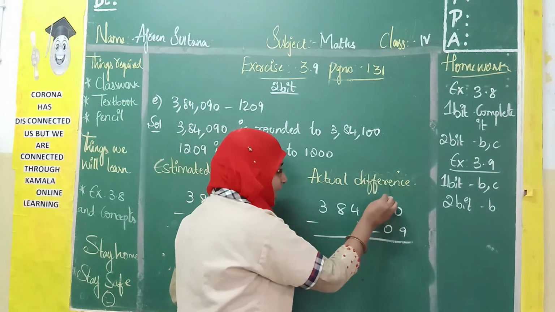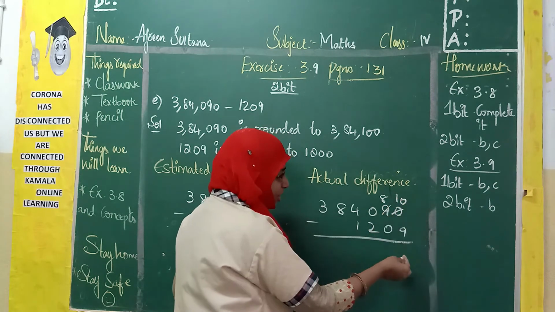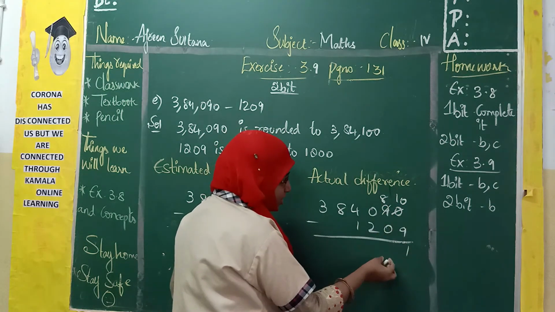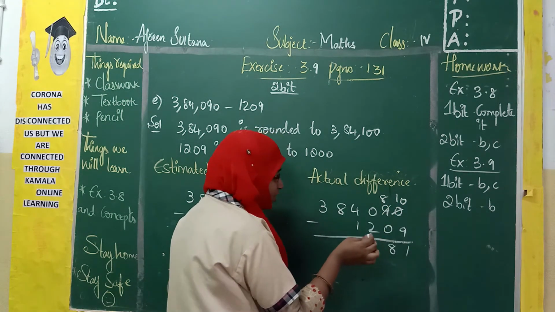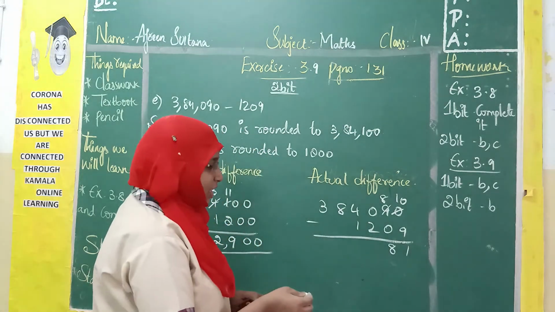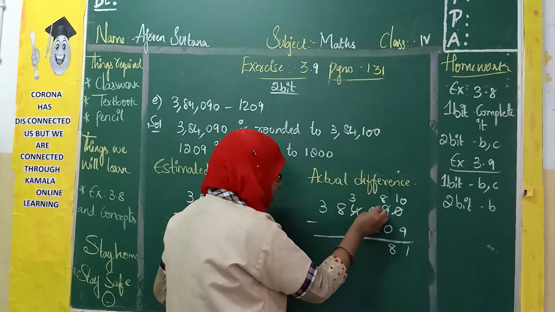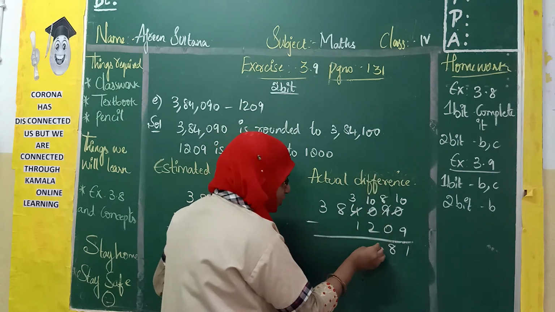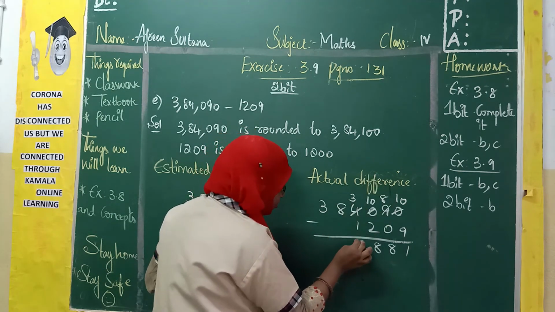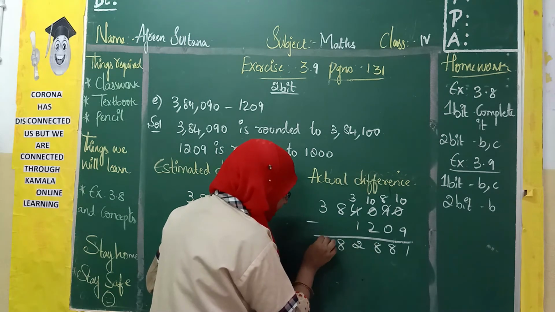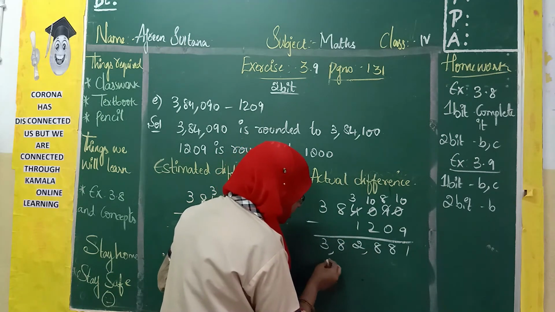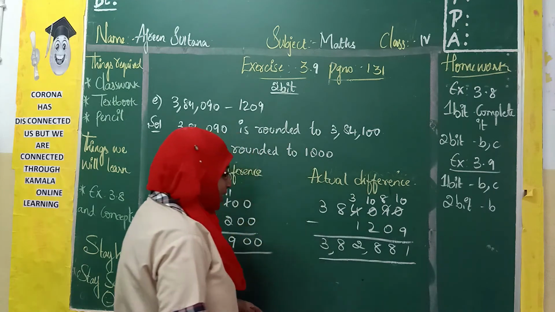Now this becomes 8 and this is 10. 10 minus 9, 1. 8 minus 0, 8. If you subtract 0 from any number, you get the same number. But you cannot subtract 2 from 0, so we will borrow. This is 3, 10. 10 minus 2 is 8. 3 minus 1 is 2. And the numbers repeat. That is 8 and 3, because there are no other numbers in the subtraction. So what is the value?